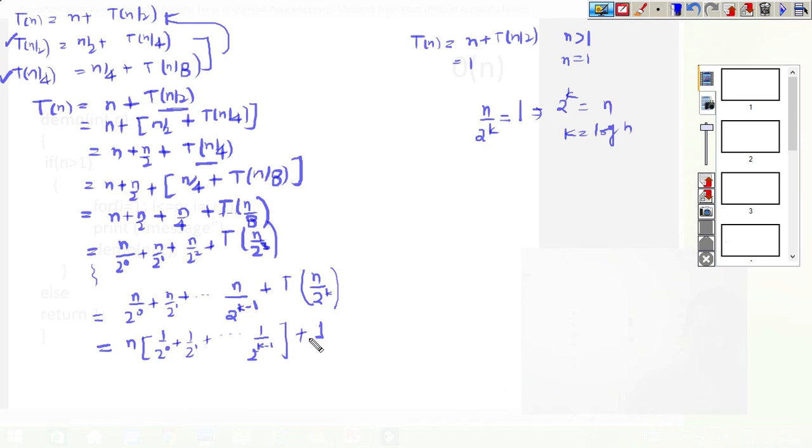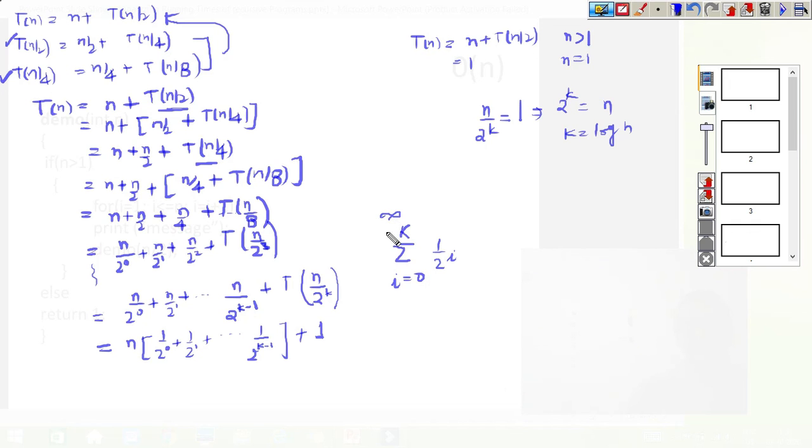So here we have a kind of series, and this series can be easily solved. We have standard results. So just refer to this result. We have sigma i equals 0 to k of 1/2^i. If you look at this, we have a standard result which goes from 0 to infinity actually. This is already given in the standard formulas.